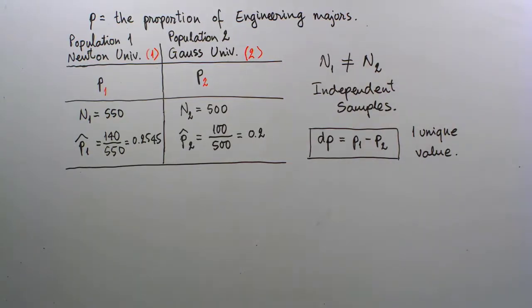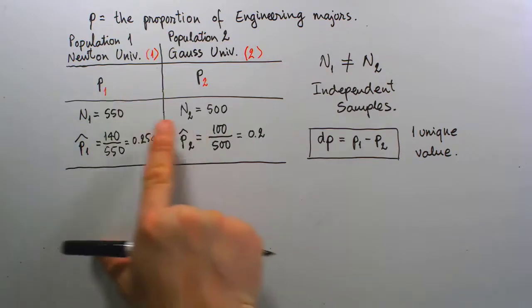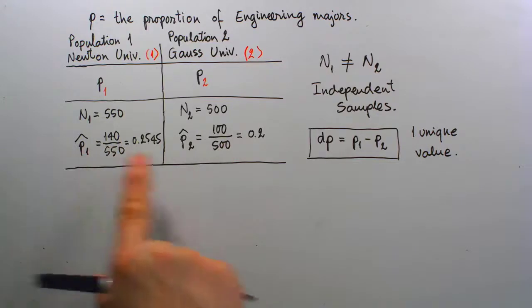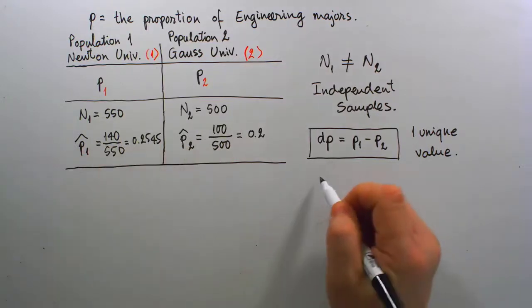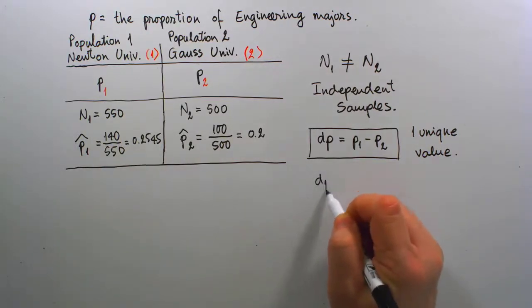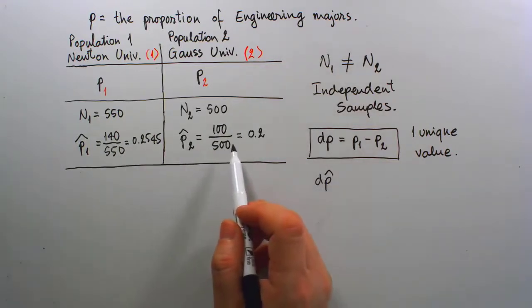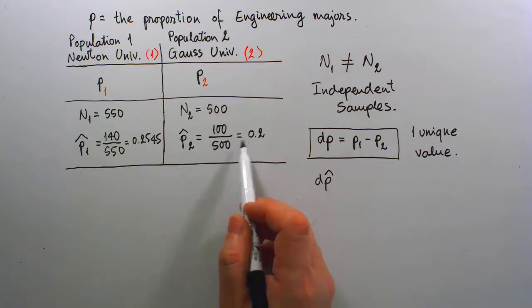And right from here, especially when we start seeing samples from the two populations, we must start thinking that any sample from population 1 can make a difference with a sample from population 2.